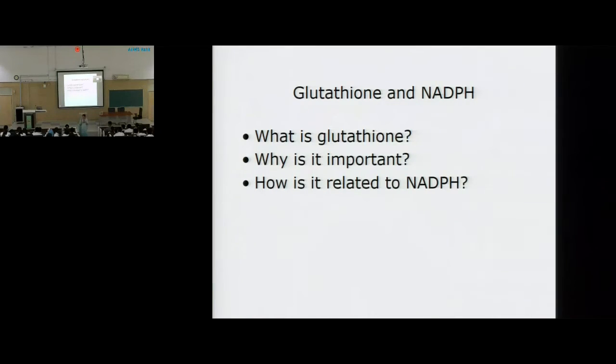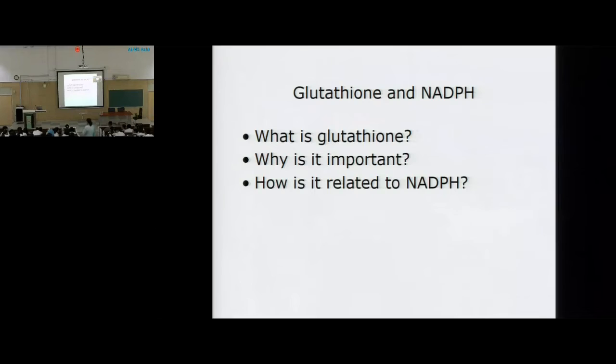It is an antioxidant and it is made up of what? Is it a protein, is it a carbohydrate, or is it a fat? Protein, peptide.